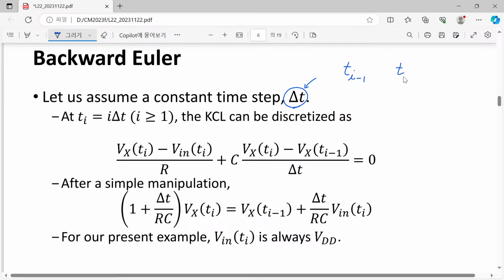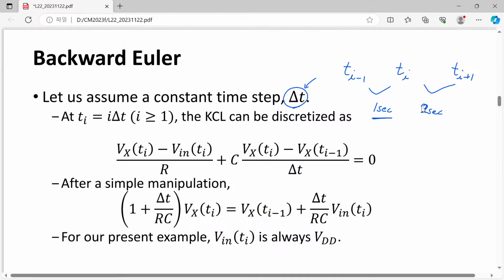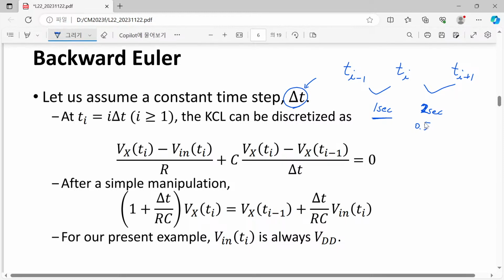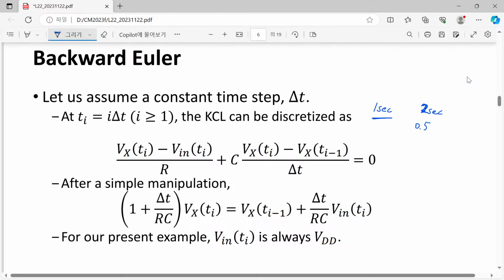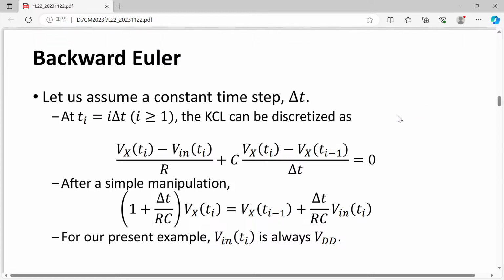For example, if this is 1 second, there is no restriction that the next spacing should also be 1 second; we have freedom to choose 2 seconds or half a second. It is up to us. However, in this simple discussion on the transient effect, we will just consider a constant time step. So please understand this restriction.